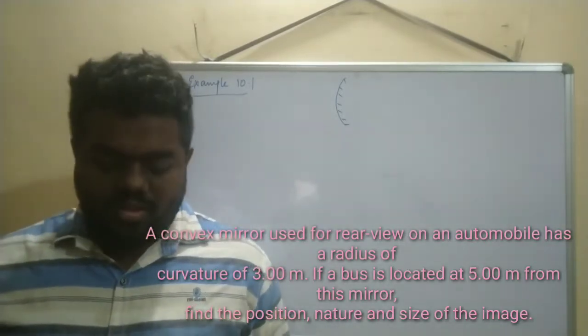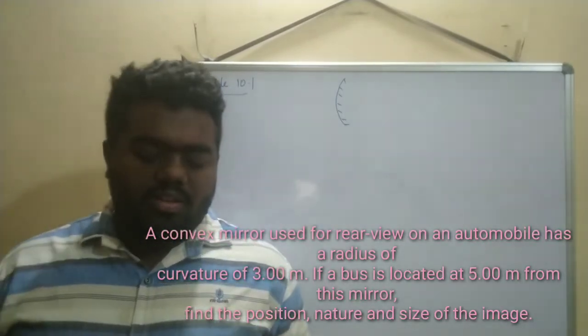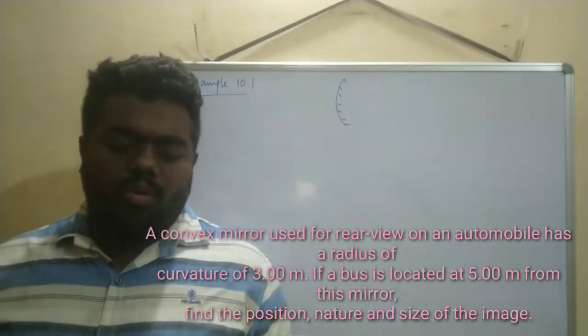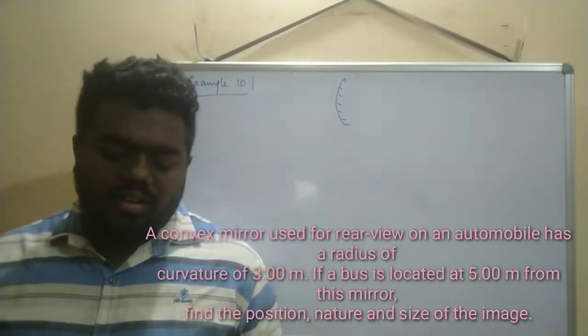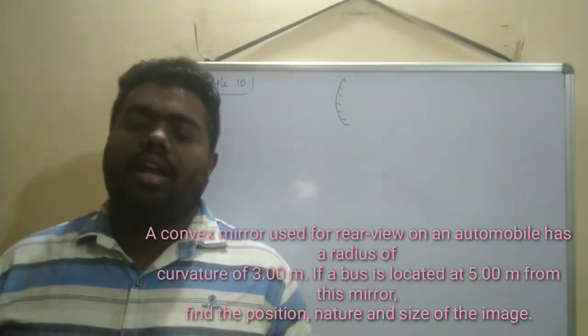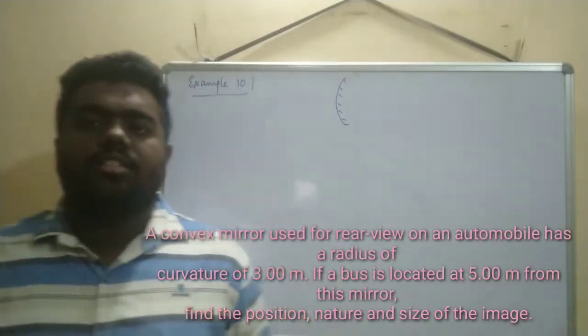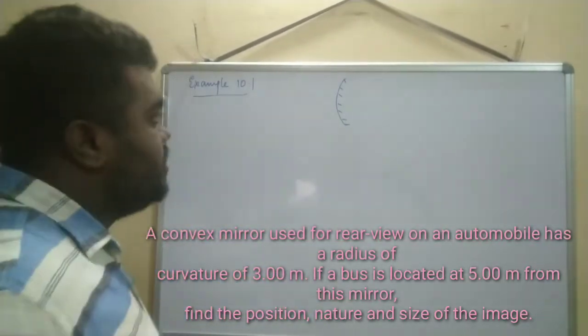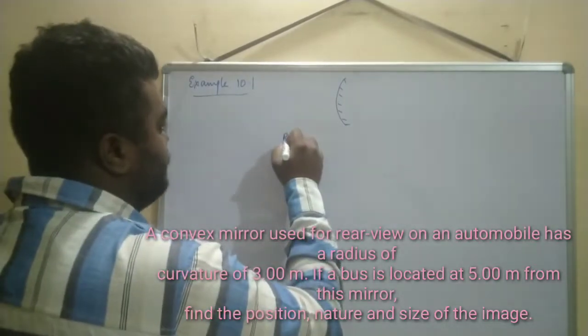Fine. Now the question says a convex mirror used for rear view of an automobile has a radius of curvature 3 meter. Radius of curvature is given 3 meter.